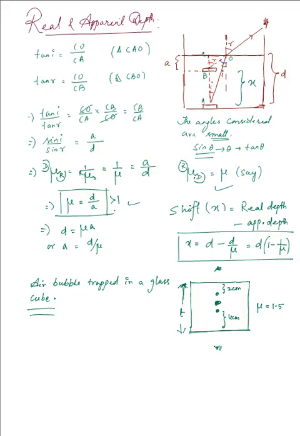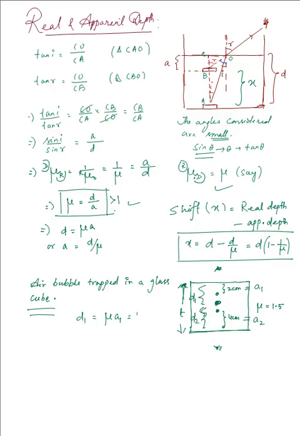Well, you have a certain real depth d1 for the first case, top surface, and you have a certain depth d2 from the bottom surface where the apparent depths have been provided. So d1 here will be equal to mu times the apparent depth a1, which is 2 centimeters, and a2 is supposedly 4 centimeters that we have taken.